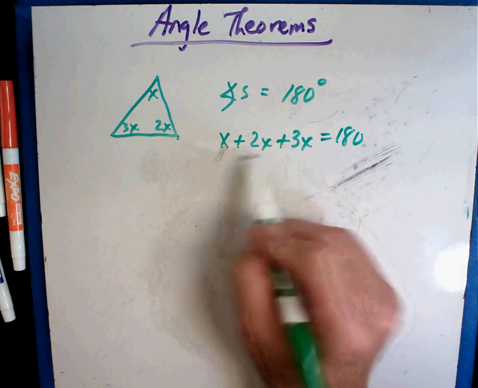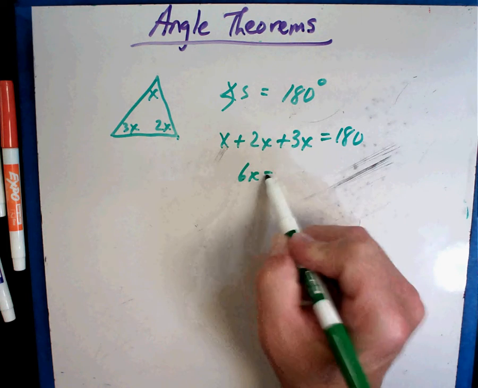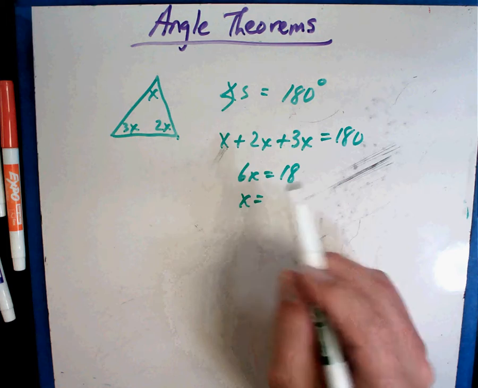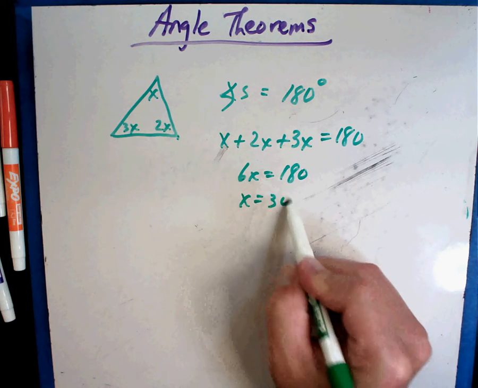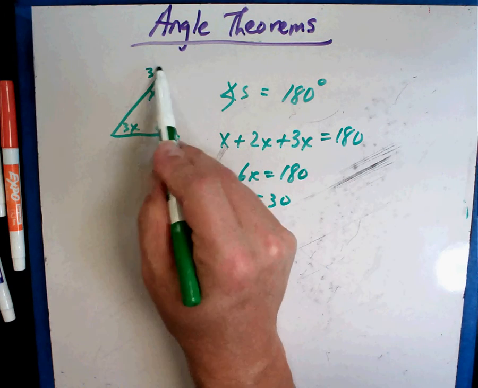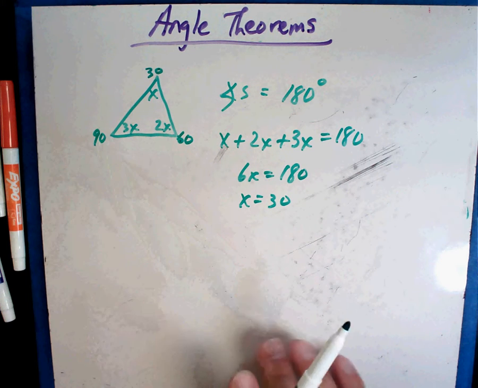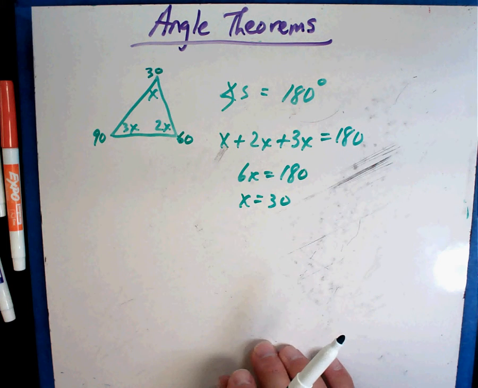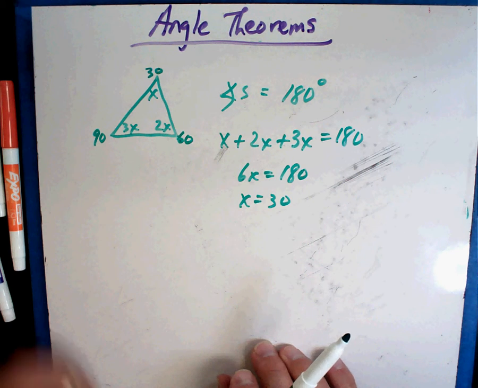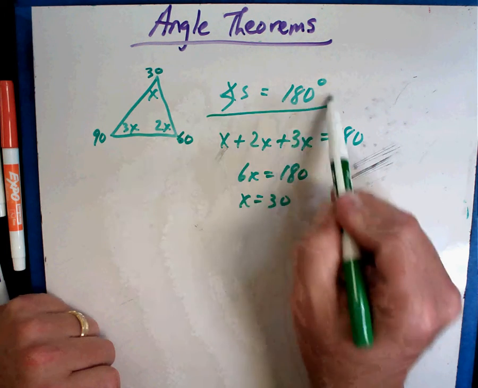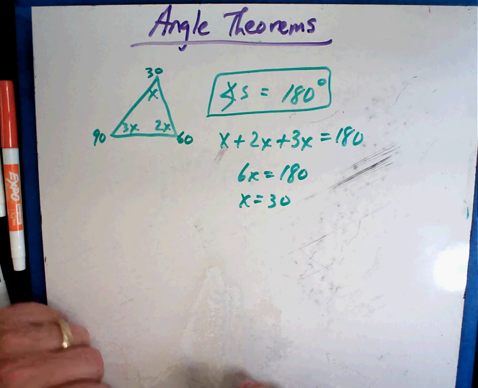So if you add those together, 3, 4, 5, 6x equals 180. So x equals 30. So if this one is 30, then 2x is 60, and then that one would be a 90. Obviously not drawn to scale at all, but you can figure those out knowing that all the angles of a triangle equal 180 degrees.